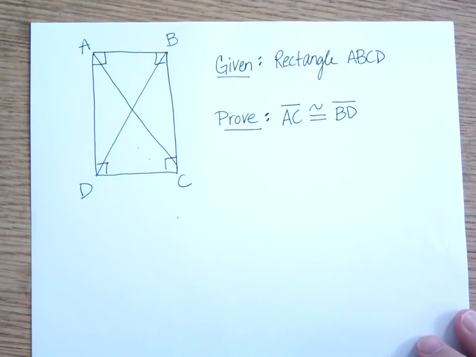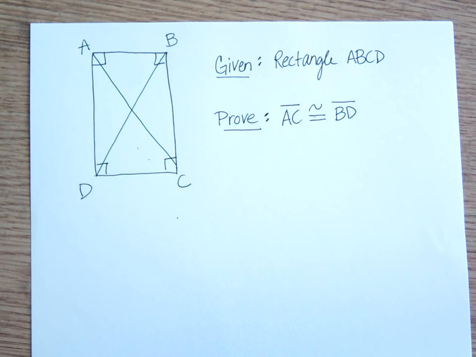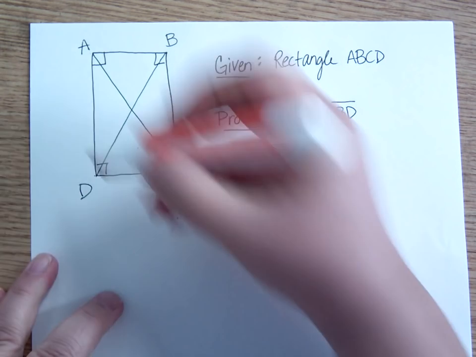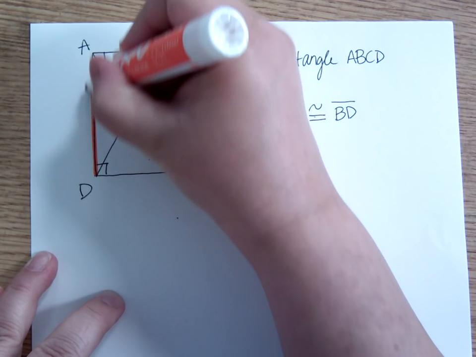Now here's how I'm going to do it. I'm going to use congruent triangles. And congruent triangles I can use for a whole lot of things, especially now that I have CPCTC, that helps me use the fact that the triangles are congruent to say almost anything else I want to say. All right, so what I'm going to do is look at two triangles. One triangle I'm going to look at here is triangle ADC.